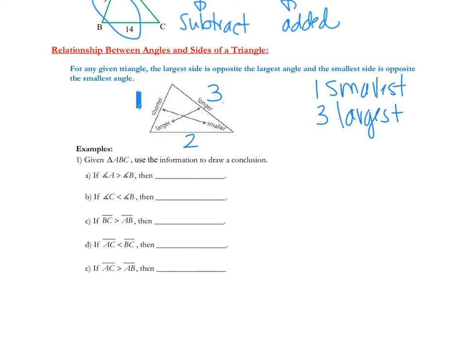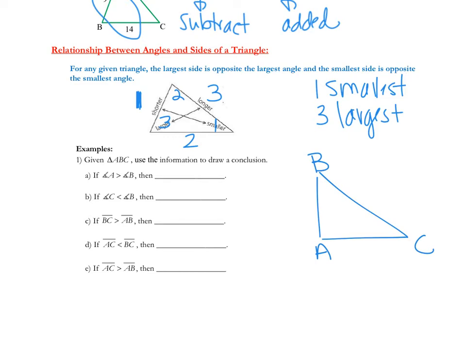And then let's also label the angles. So this would be 3, 1, and then 2. Okay, so let's take a look at the next example, ABC. Basically what the problem's asking is that if angle A is greater than angle B, then what can we conclude about the sides?